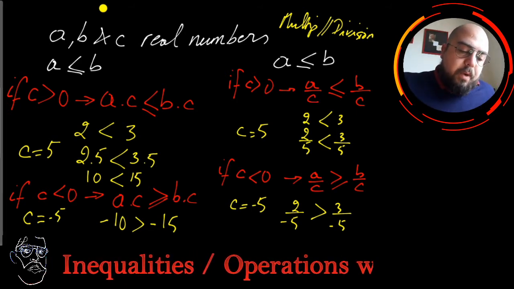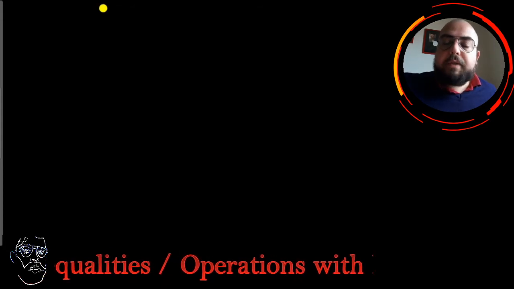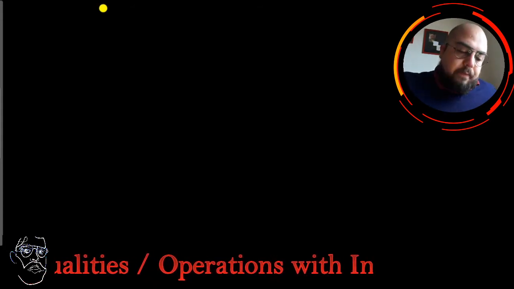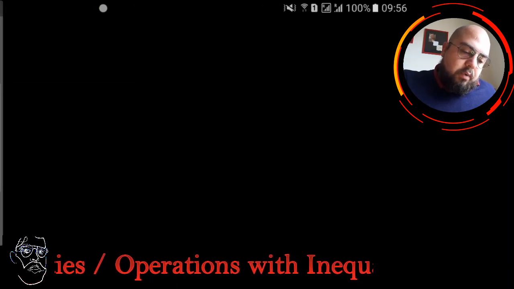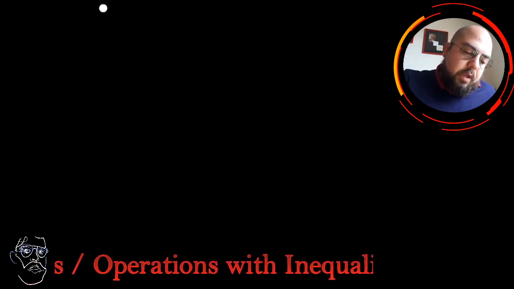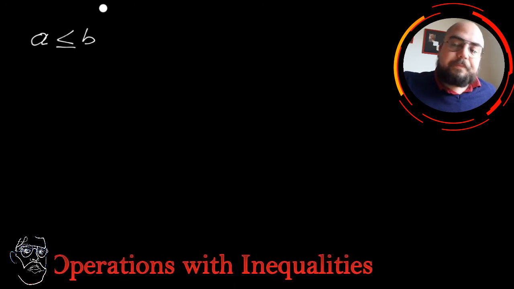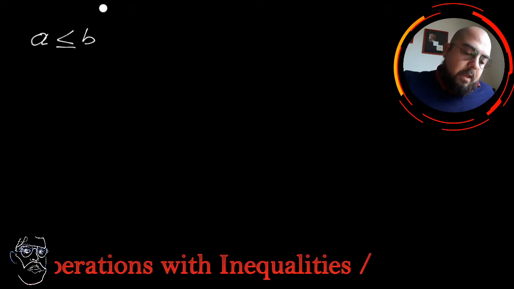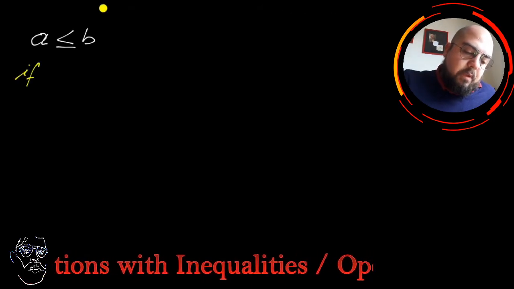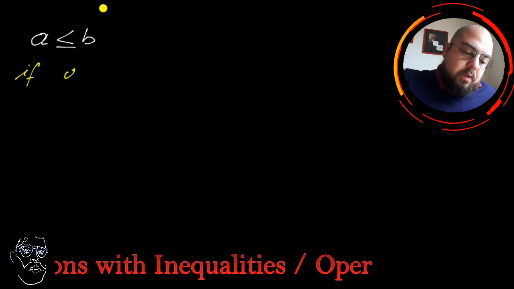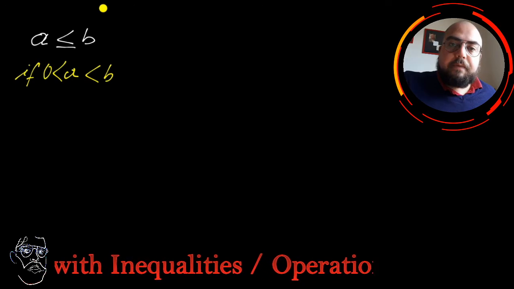Now, what about squaring? So, square and square root. Let's say we have A smaller than B. The first case is if A is smaller than B, but both of them are positive.